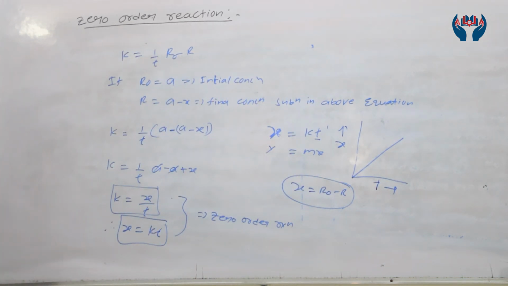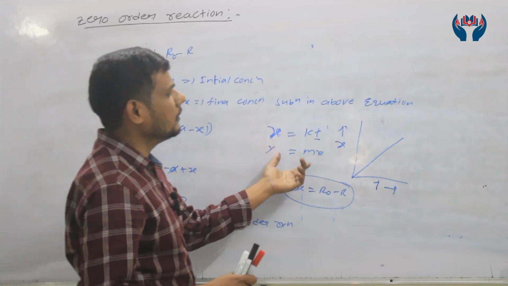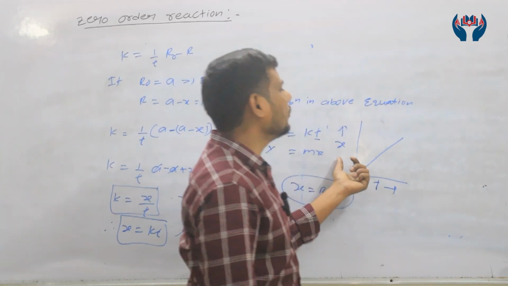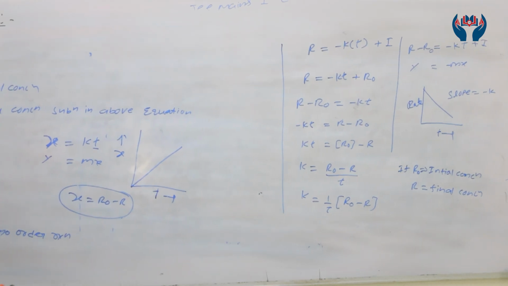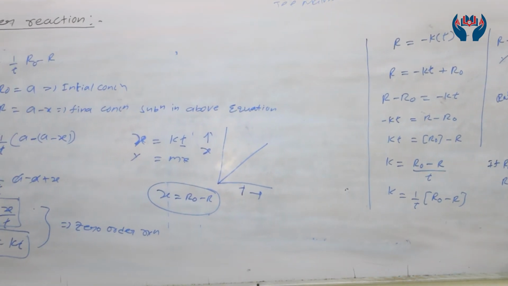This is the zero order reaction graph. This graph relation is also very important. Next we calculate the equation for half-life.